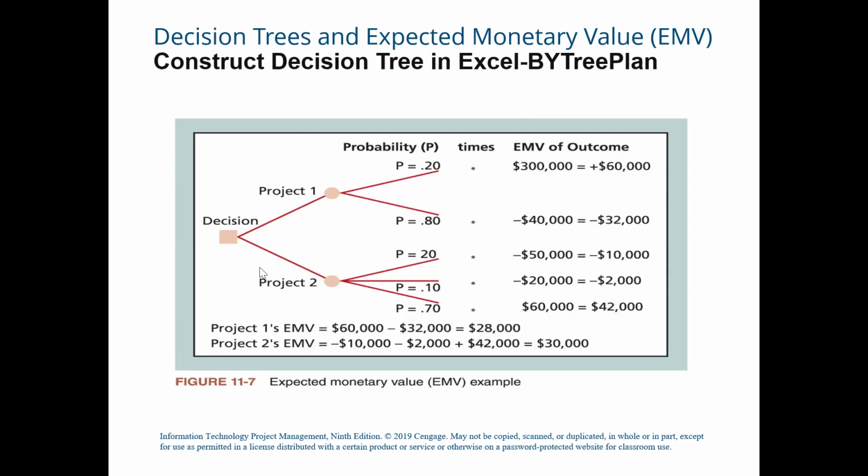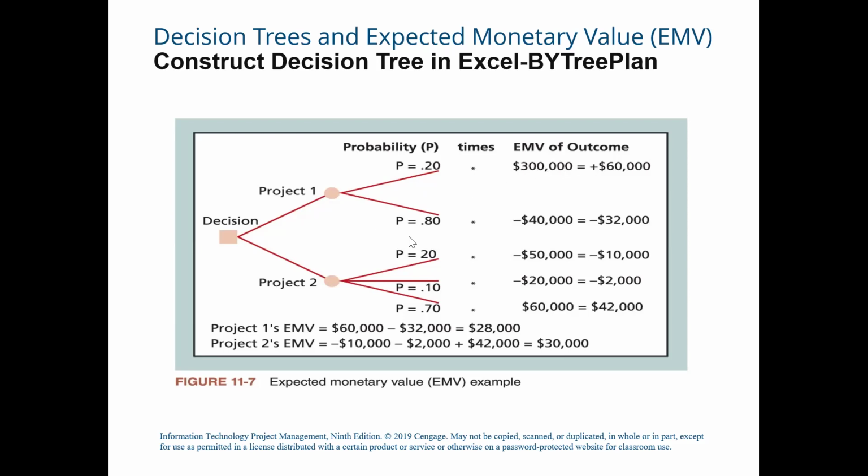As you see, this example in our theory class we did manually, and we calculated the EMV outcome. For example, for project number 1, the probability of winning is 20%, and if we win this project bid, we can earn $300,000.